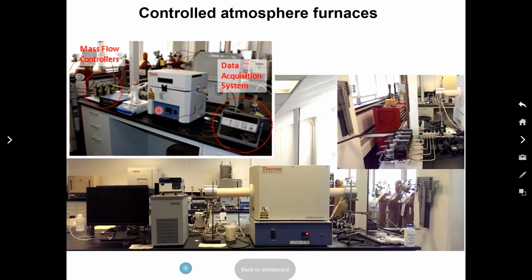Quartz tube is easy to have. You can machine it and shape it, making ends that can be easily plugged for gas tight sealing.